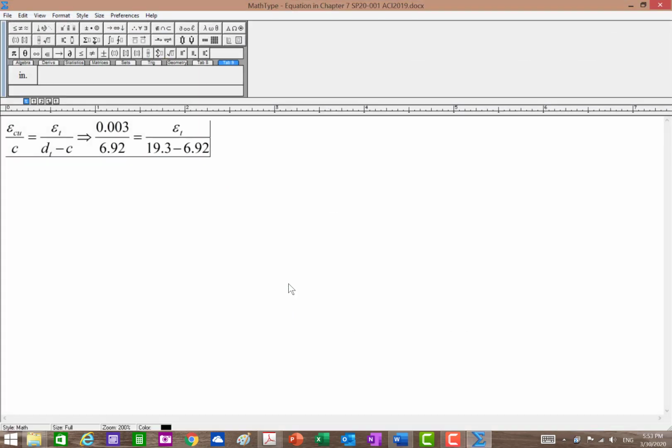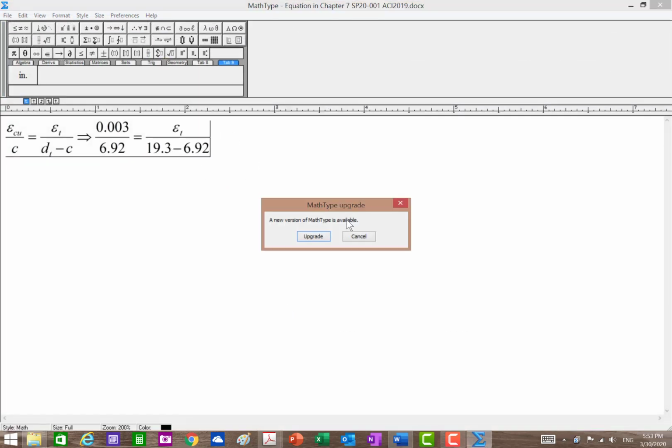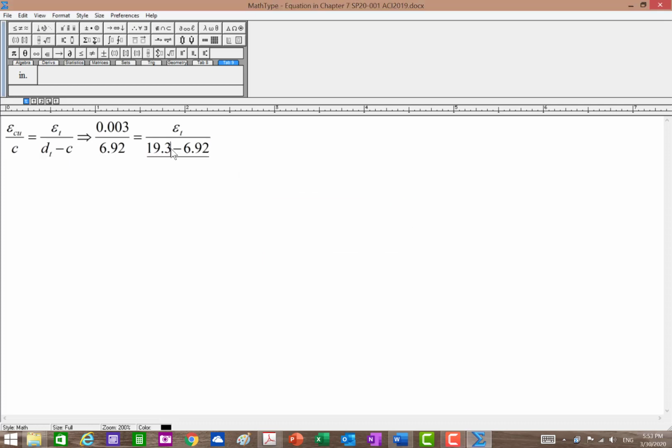But you can see here that this value should have been 19.44. And so that would give us a little bit higher, so that's even better, right? So the new number is 19.44 minus 6.92 times 0.003 divided by 6.92.